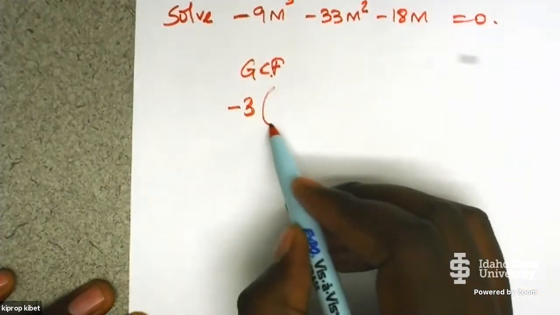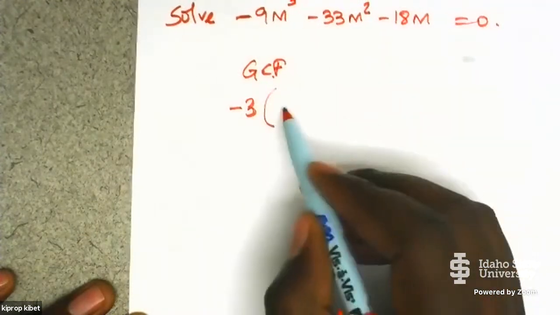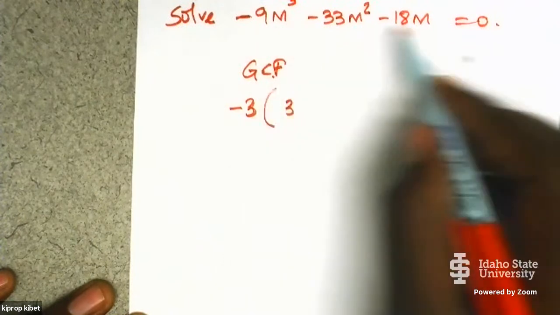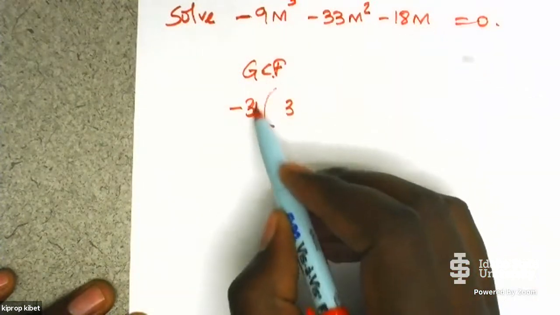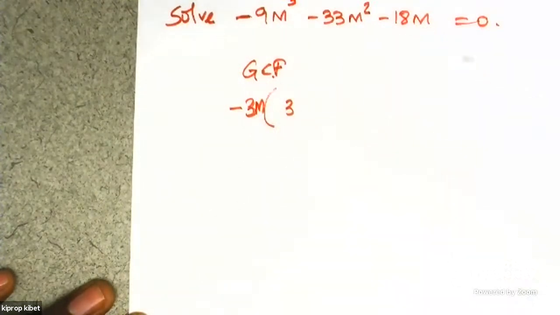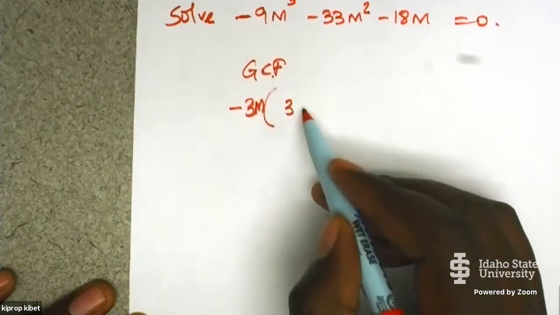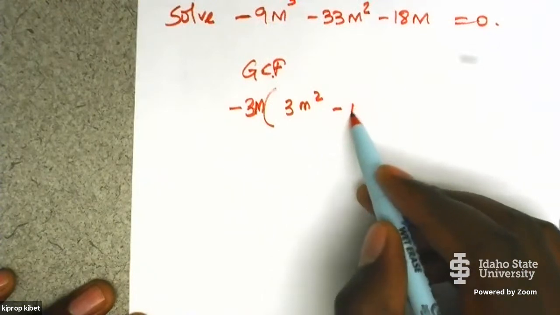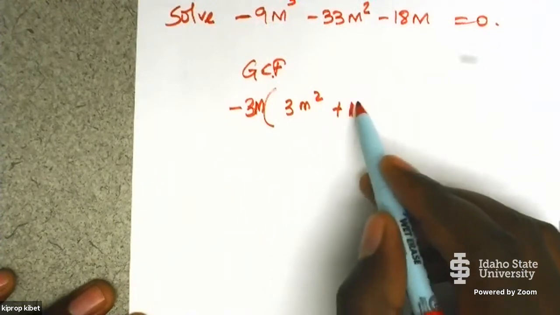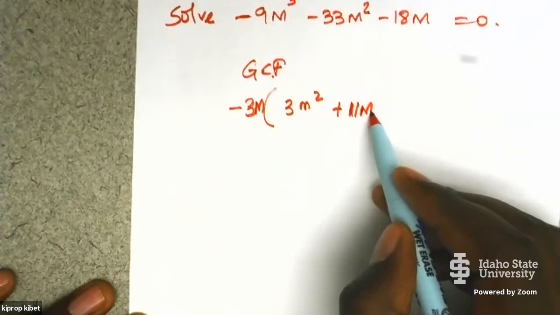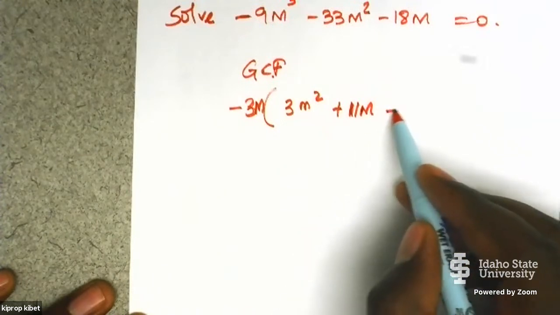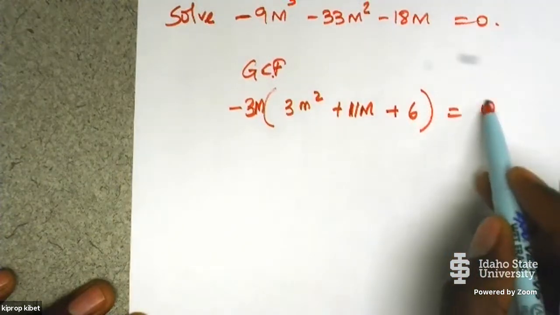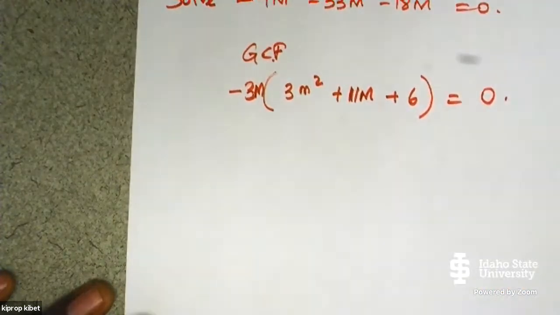So when you factor out -3, what remains here is 3, and there is another one, which is m. So what remains is 3m² + 11m + 6 equals 0.